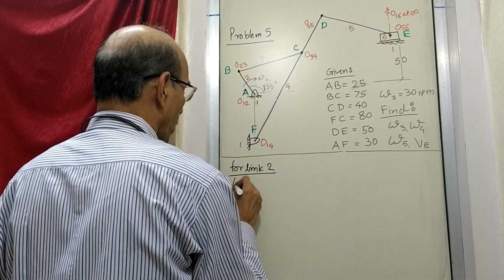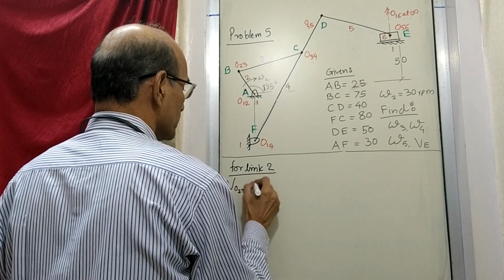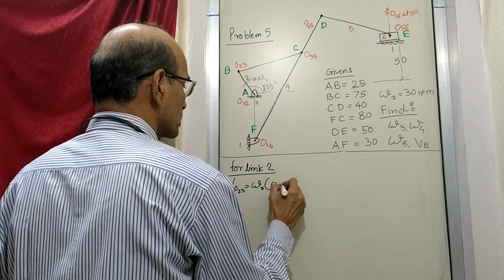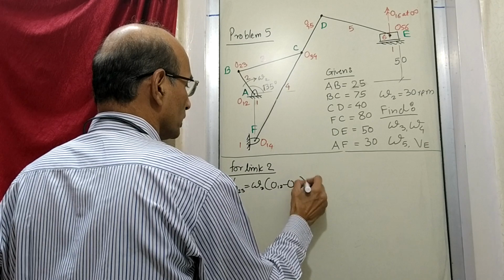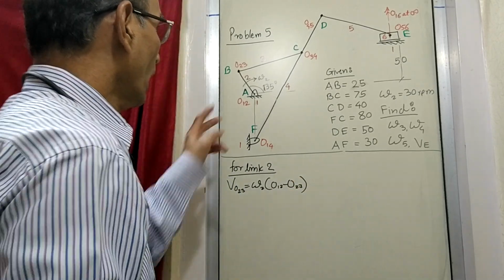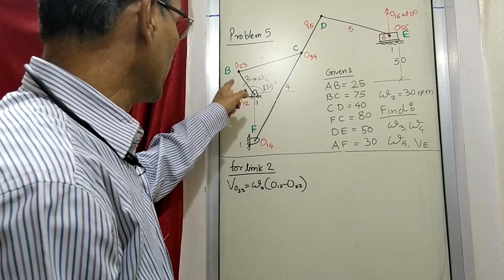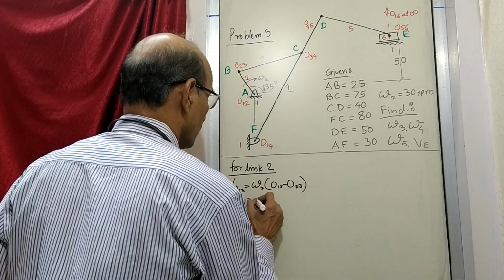So the velocity of point O23 is equal to omega 2 times the distance from O12 to O23. This distance is known because that is length AB, so we can find the answer here.